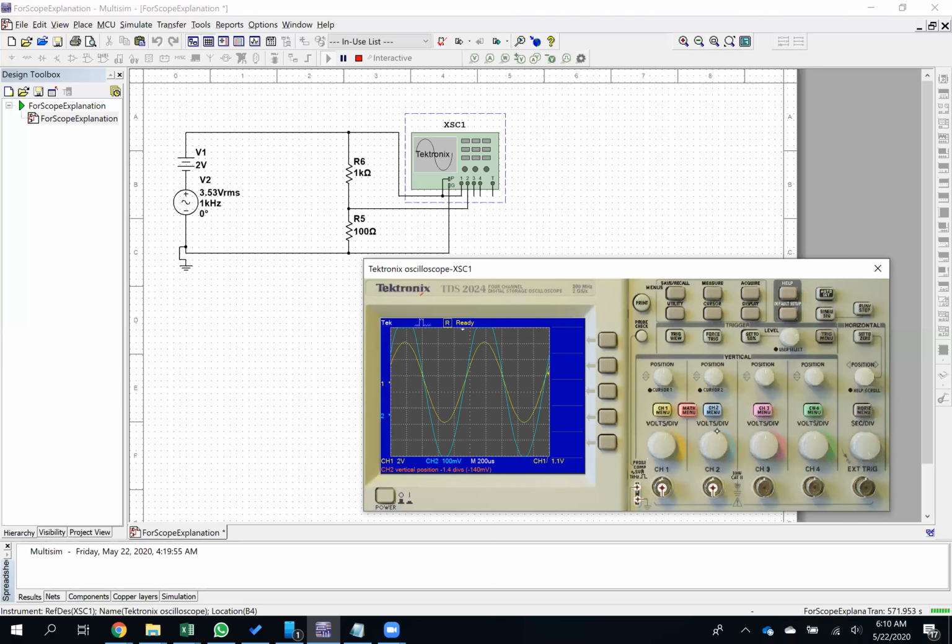With that volts per division setting, I can't, so I'll have to go to 200 per division. And then I will position channel 2. So I've positioned channel 2 so that it's resting here. It's 200 millivolts per division, and the top of it is there.